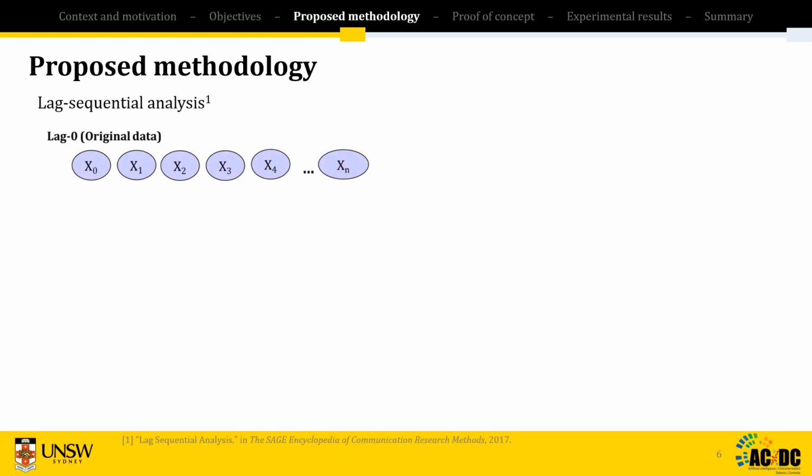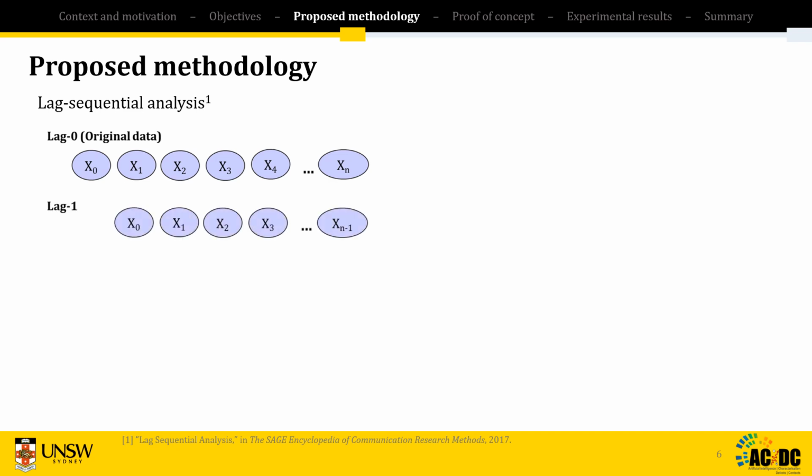Our proposed methodology is based on lag-sequential analysis. So for example, we have data of cell 0 to cell n represented by x0 to xn. What lag-sequential analysis does is that it shifts the original data by certain timestamps.